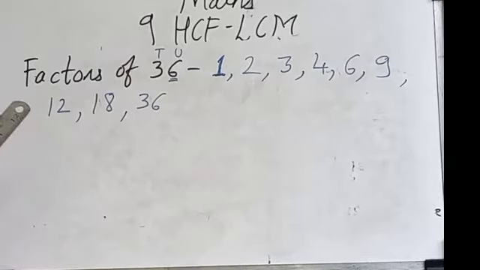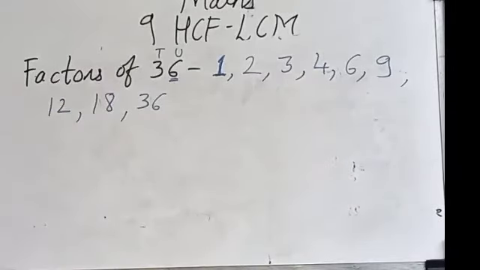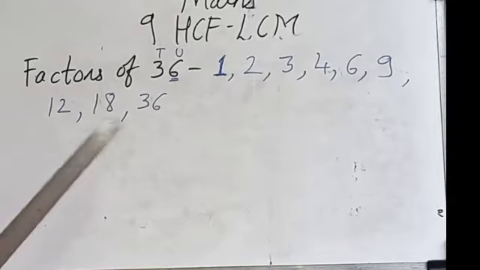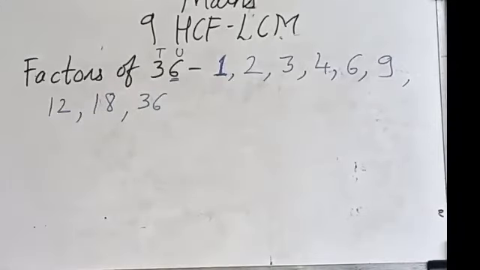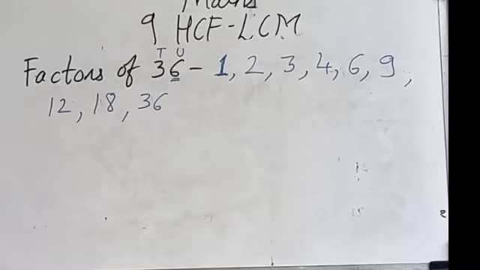For that particular number you can use the tests, but for other numbers you must learn the tables. If your tables are learned, then only you can find the factors. Otherwise, you cannot tell whether the number is there in that particular table or not. Okay. So these all are the factors of 36.